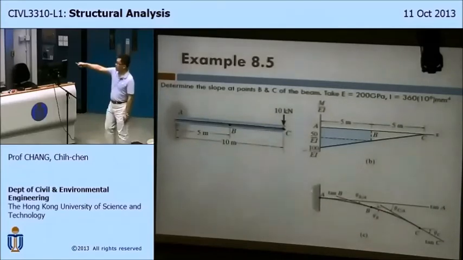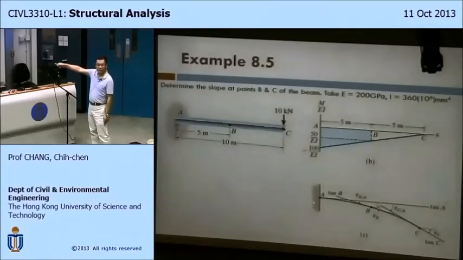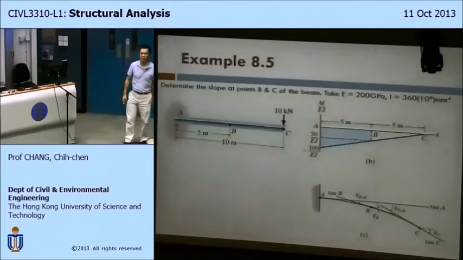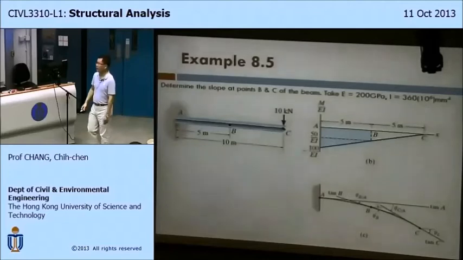And it turns out that point A is clamped, so the rotation angle at A is equal to 0. As a result, rotation angle B is equal to the relative rotation angle change between A and B, because rotation angle A is equal to 0.